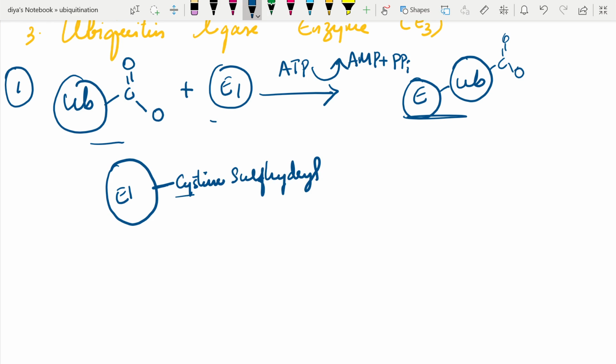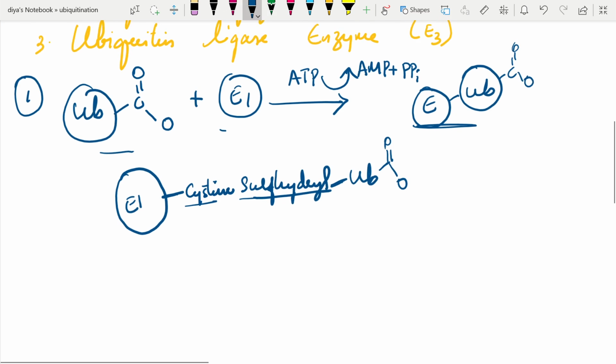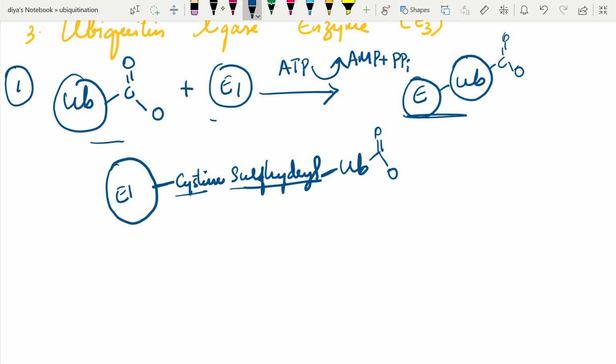Here the ubiquitin protein comes and binds, and these two are bonded by a thioester bond.